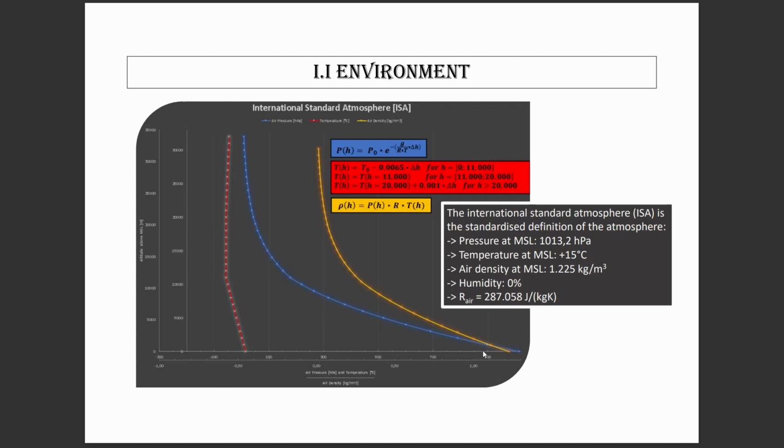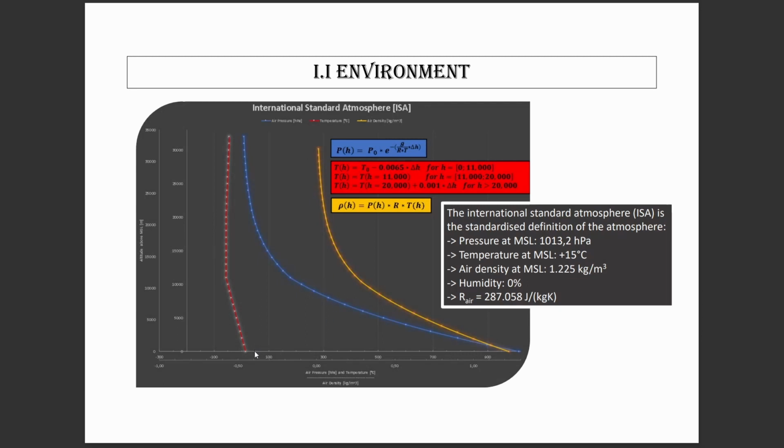Bear in mind that in order to make these trends visible, I used 2 axes here. So the upper one is for pressure and temperature, and this lower one here is for density. But you can see both have an exponential tendency of decay.